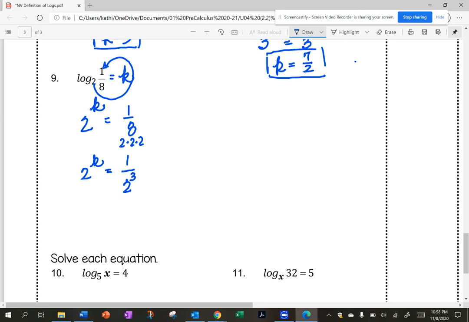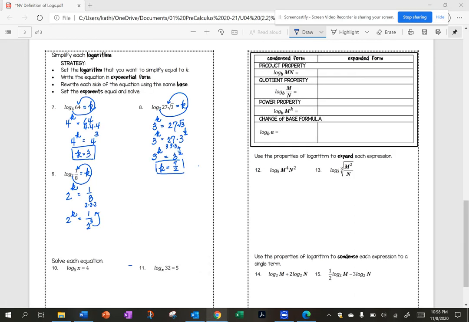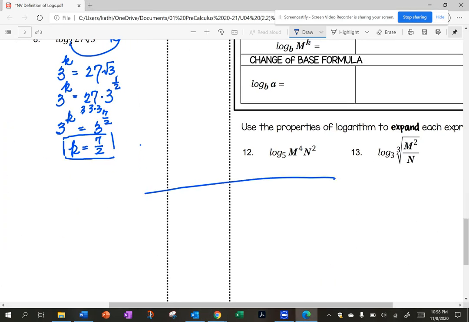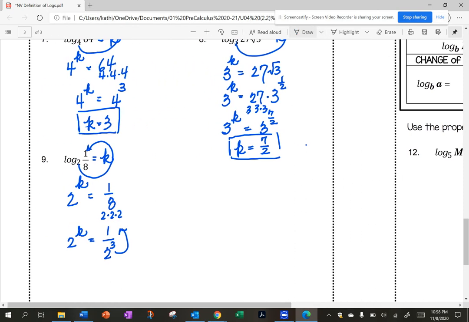So my bases both need to be in the numerator or in the denominator. So I'm going to bring the denominator up to the numerator. When I do that, I need to change the sign of the exponent. So this is going to be 2 to the k equals 2 to the negative 3.